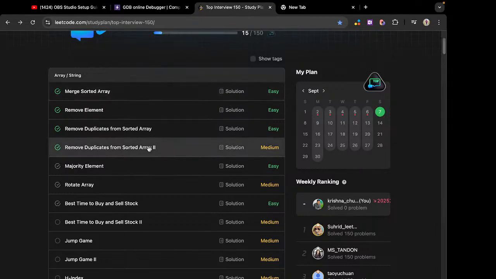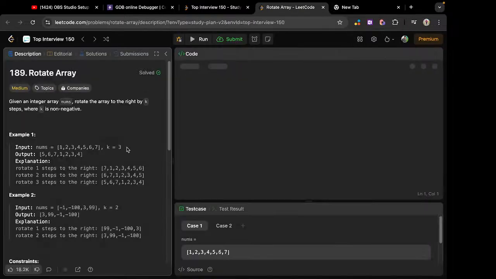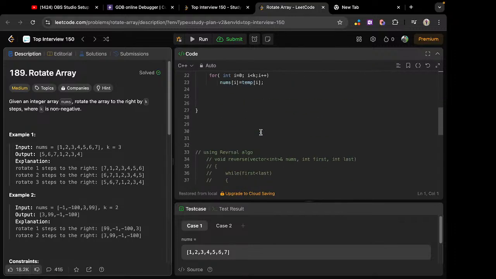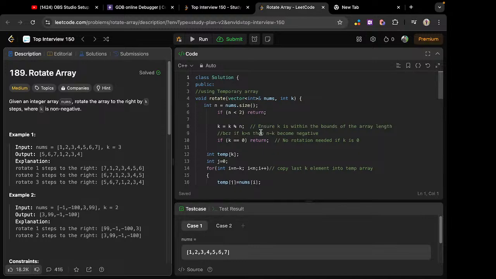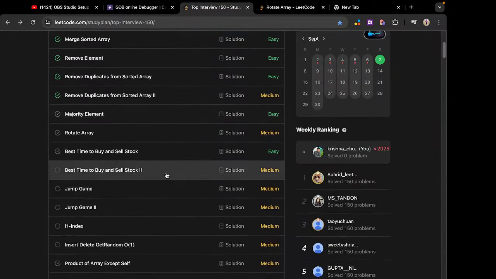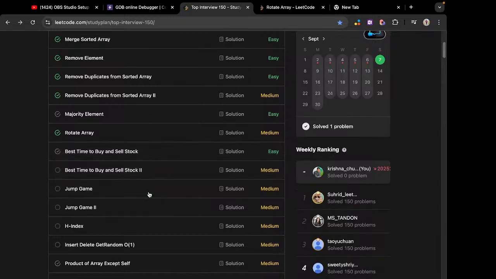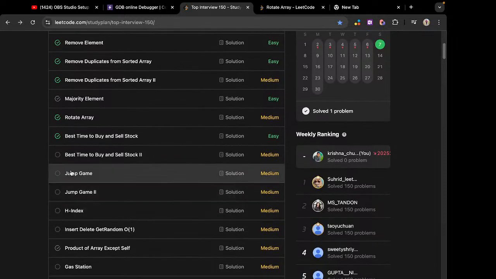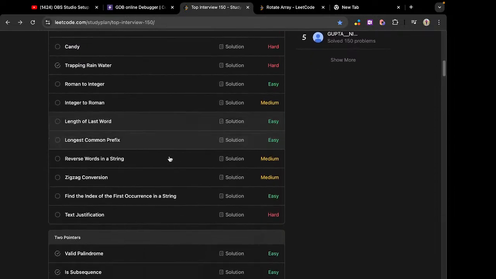Rotate an array. I solved it before. We already solved it by 2 methods, so I won't solve it. Another, best time to buy and sell stock. I already solved it. Jump game. It can be difficult for me. I will solve it after some time.